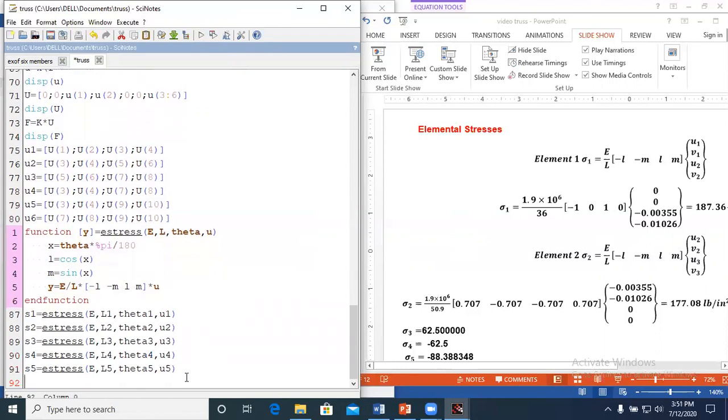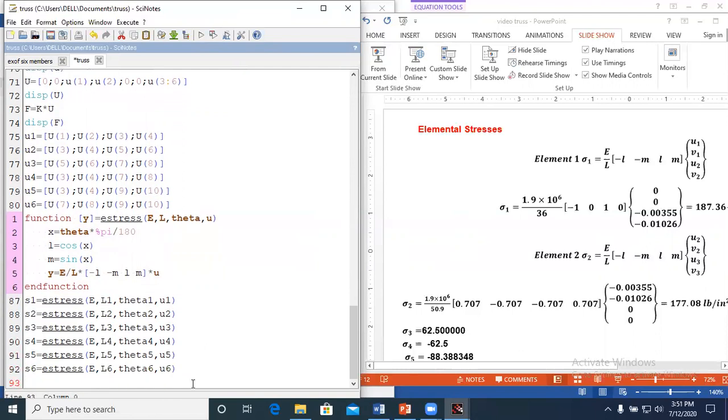One more is there: S6 with L6, theta6, U6.